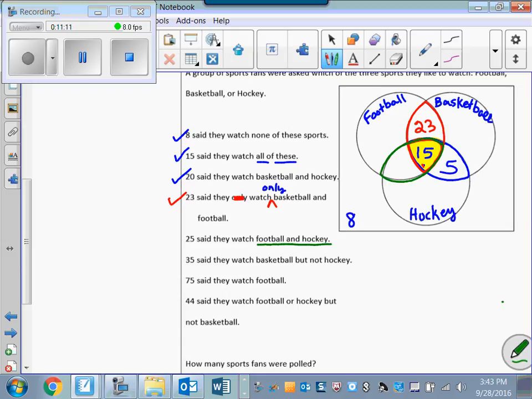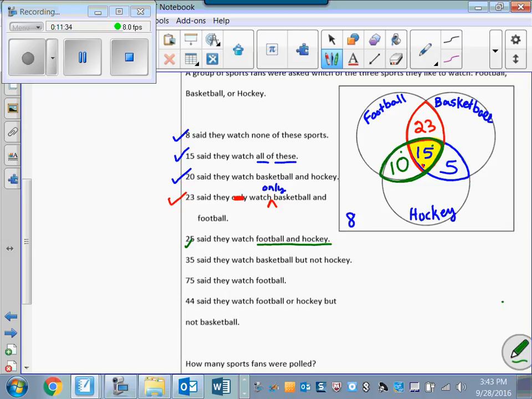Everybody with me? Okay. And it doesn't say that they don't watch basketball too. So this whole section here, this little area and this little area have to add up to 25. So that means I got 10 people here, because I got 25 altogether who watch football and hockey. So this area here has to add up to 25.